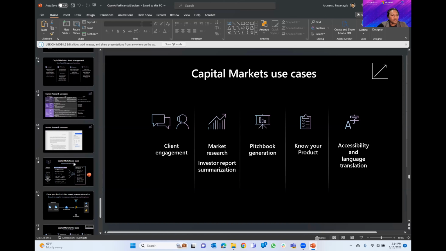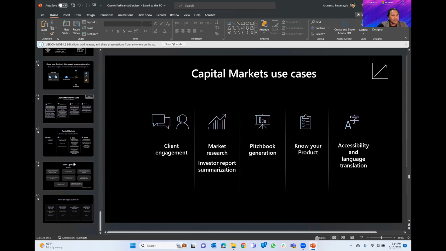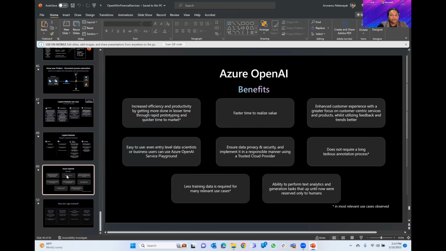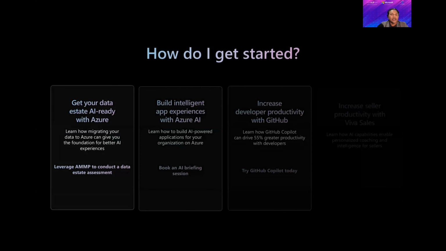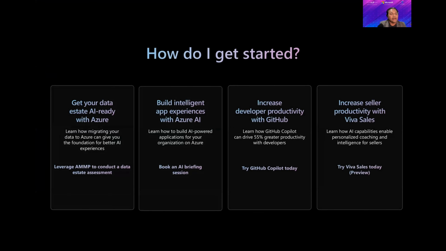So the way to get started is, how do you get started, right? First, you need to get your data ready in Azure in a way that it can be consumed by Azure OpenAI to fine tune and customize the model.